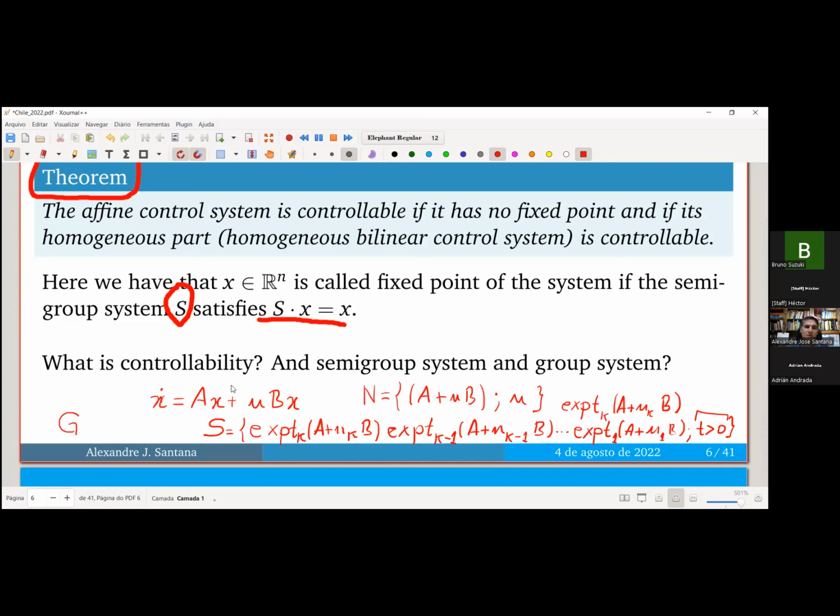The controllability in this case means that the orbit of S through x is all Euclidean space or state space. But here, semigroup system means this semigroup here. And for the group system, we just consider real time, not just positive time.